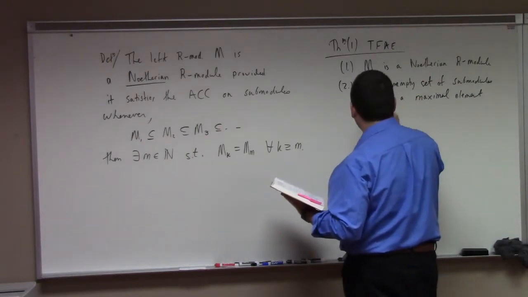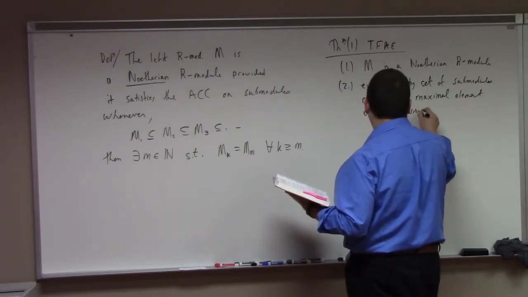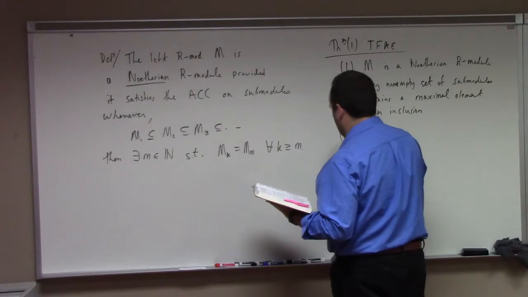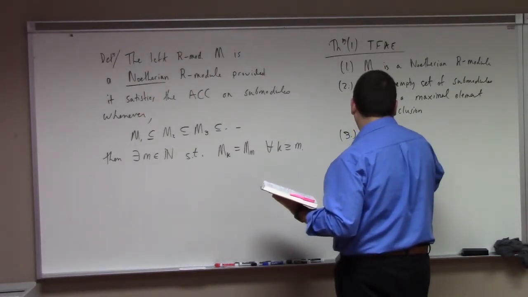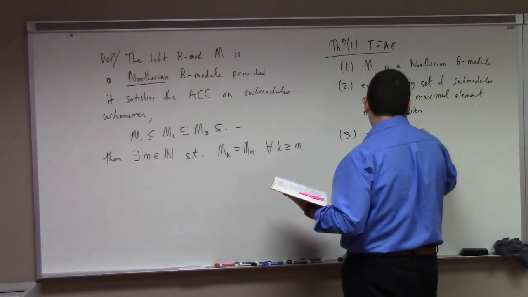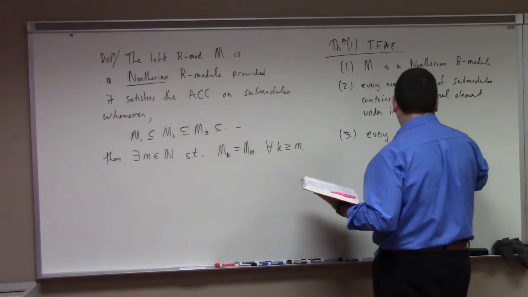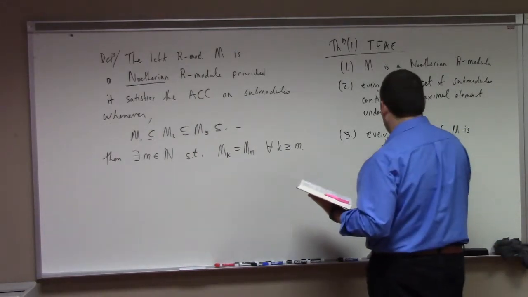Under inclusion. And then 3, and this is the one that's kind of like, what? Every submodule of M is finitely generated.